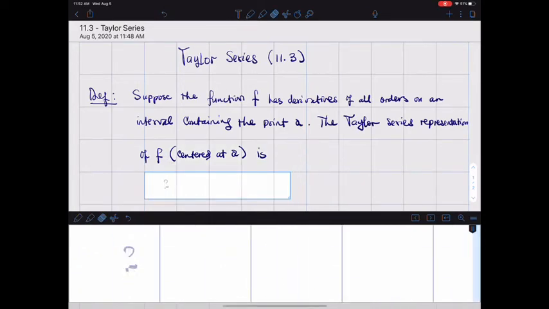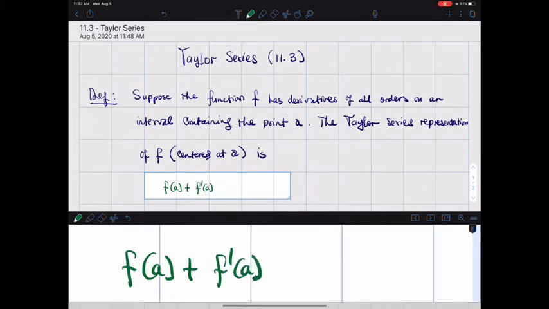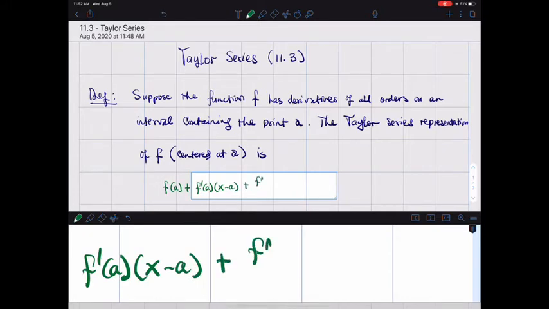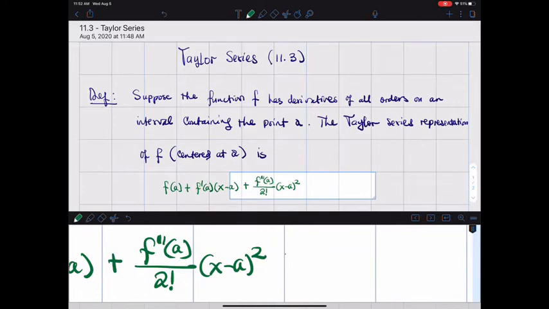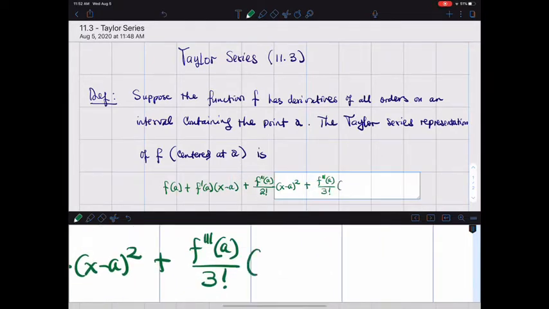I'm going to write it in green. It's f of a plus f prime at a times x minus a plus f double prime at a over 2 factorial times x minus a squared plus f triple prime at a over 3 factorial times x minus a cubed, and so forth.